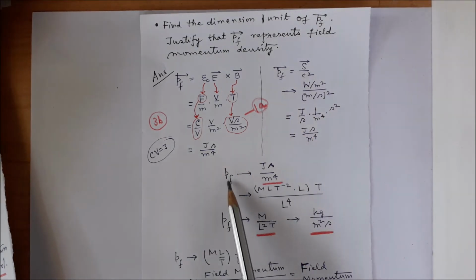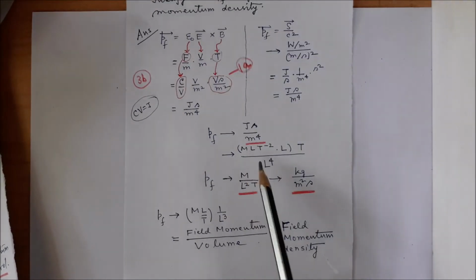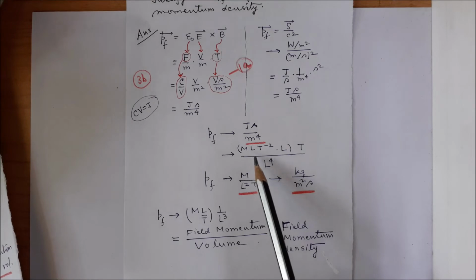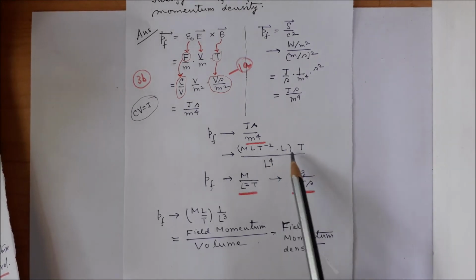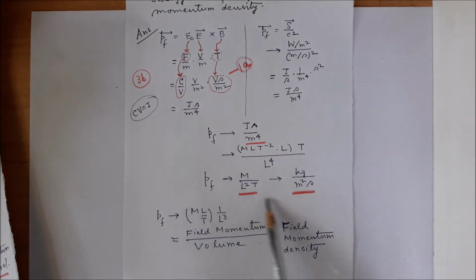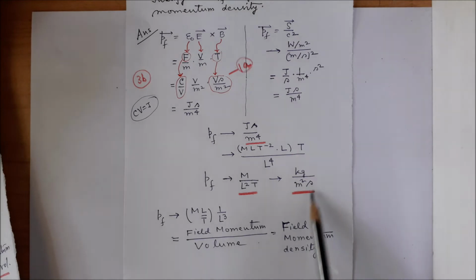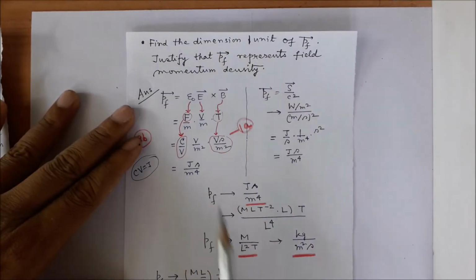So Pf can be expressed in these units, and if we put down the dimensions, joule is force into distance, P for second and L for meter, and therefore we end up with this combination of dimensions or this combination of units. So the first question has been answered.